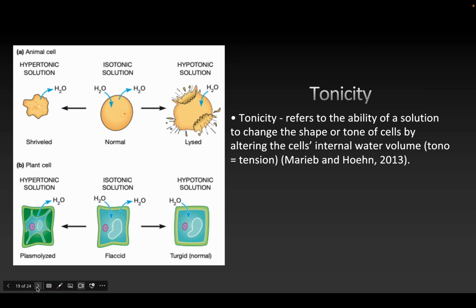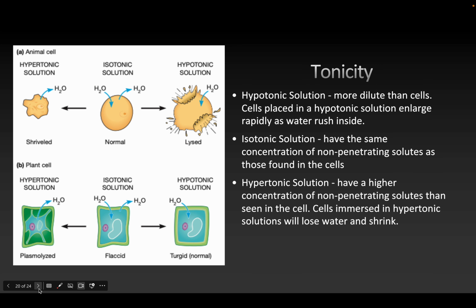We have hypertonic, isotonic, and hypotonic solutions. Hypotonic solutions are solutions that are more dilute than the internal environment of cells. So when cells are placed in a hypotonic solution, they enlarge because water will rush inside them.